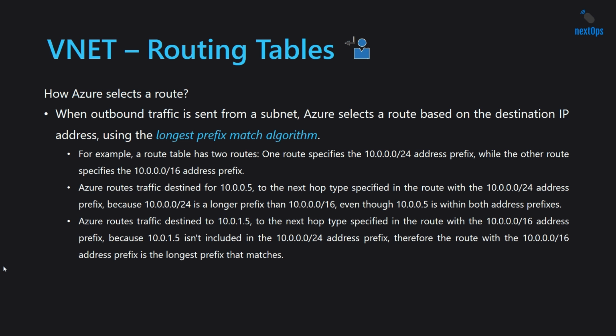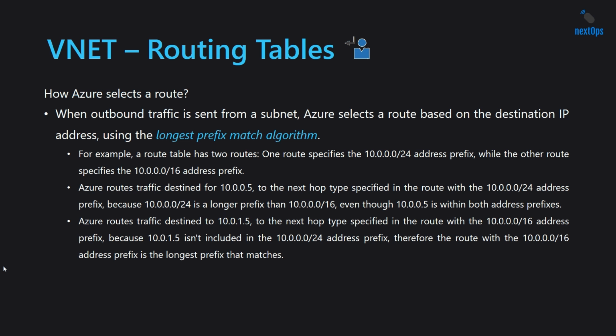The /24 network has 255.255.255.0 as the subnet mask, and /16 has 255.255.0.0 as the subnet mask. Between both of these, /24 has the longest prefix, that is three octets having 255, and /16 has two. So using the longest prefix, it chooses the /24 route to communicate with the 0.5 machine.